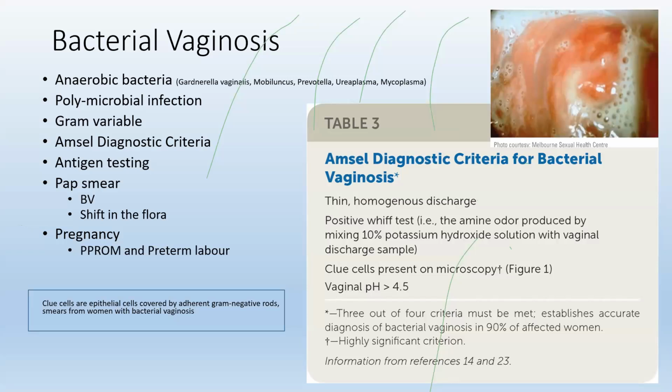Sometimes what I do is I do a pap smear instead. I can know whether the cervix is normal. Sometimes pap smear does tell me there's a shift of flora, which is suggestive of bacterial vaginosis. And with bacterial vaginosis, there's an increased risk of PPROM, also preterm labor. A clue cell is actually an epithelial cell covered by gram-negative rods.